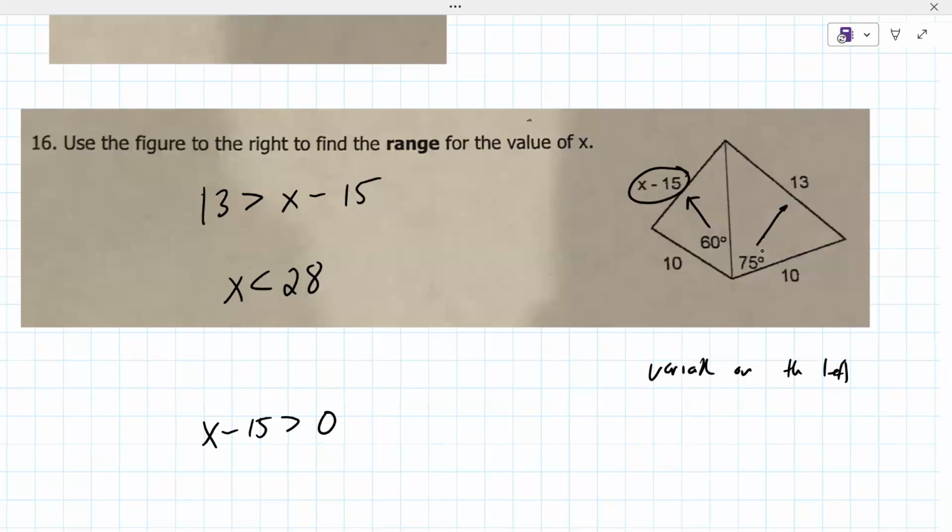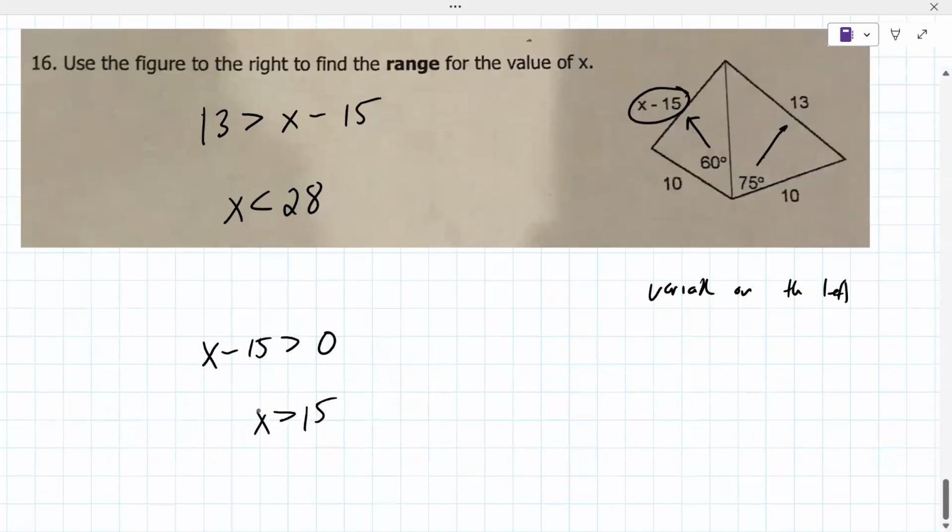So could you solve this inequality for us? 15 is less than x.